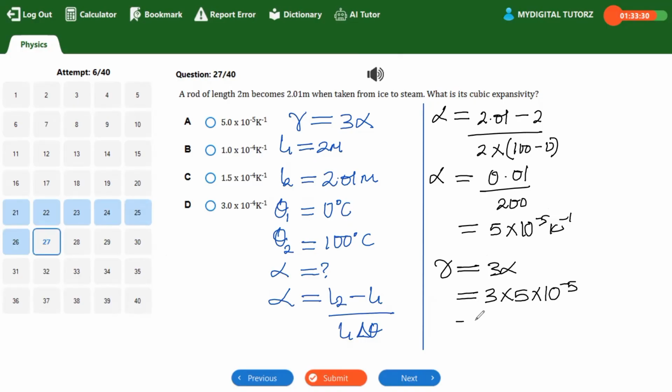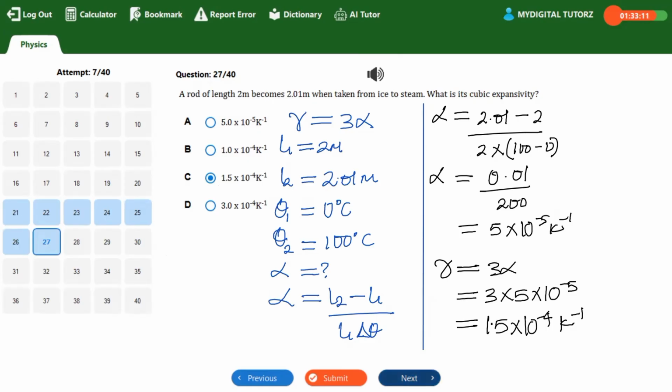Is that clear? That should give us 1.5 times 10 raised to power minus 4 per Kelvin. So that will give us option C.